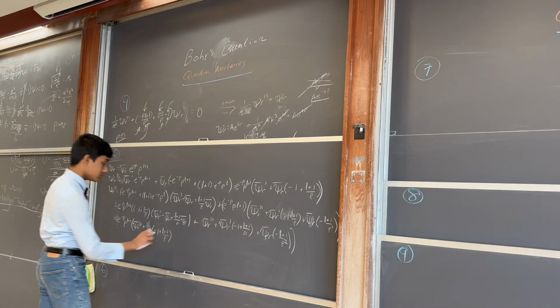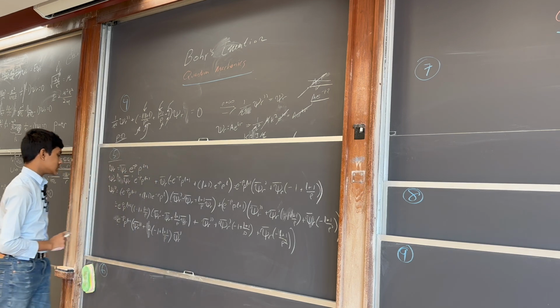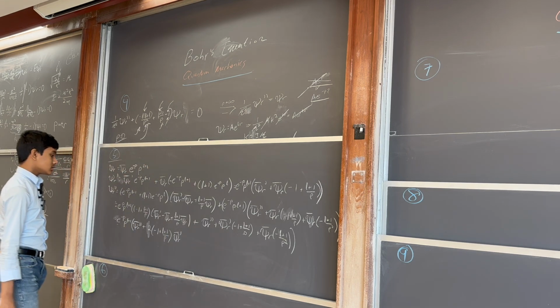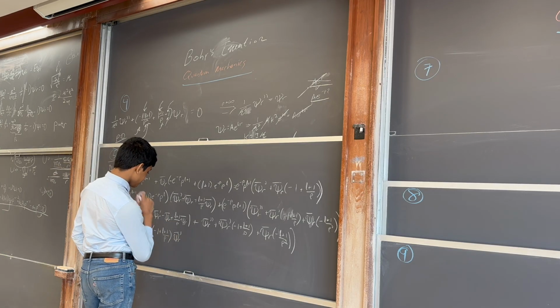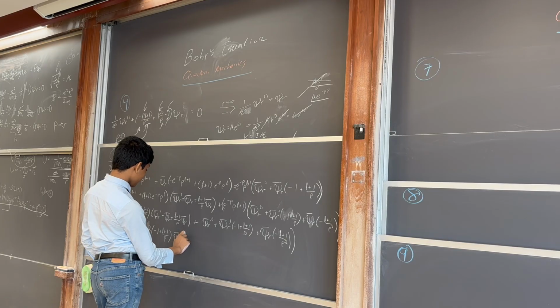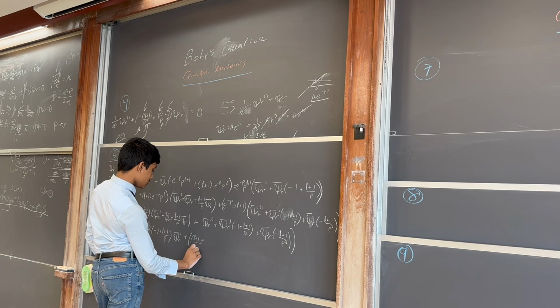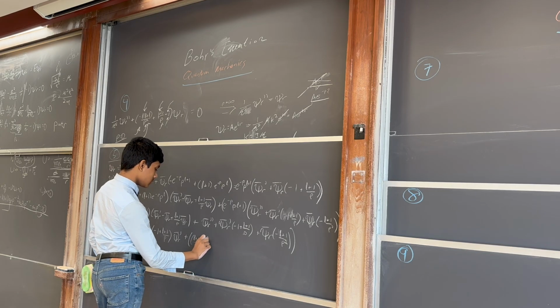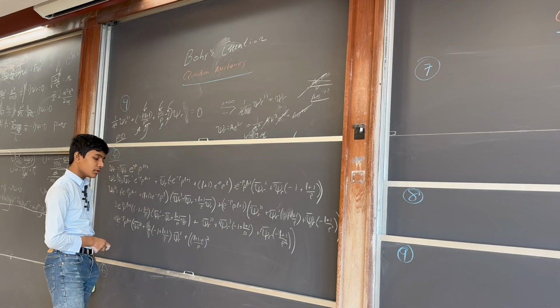Then, you look at all the terms that just have the bland function, no derivatives. So, you have this term, which is bland function multiplied by minus 1 plus l plus 1 over rho.